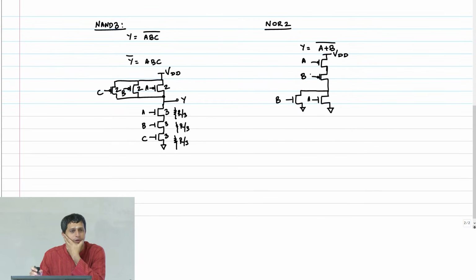Right, this is the circuit. So what should be the NMOS transistor size now? 1, because I have a parallel stack now. Worst case is only one NMOS transistor turns on, it is 1, okay.